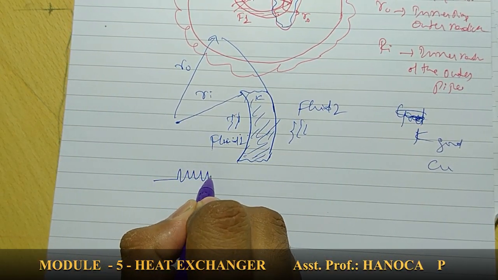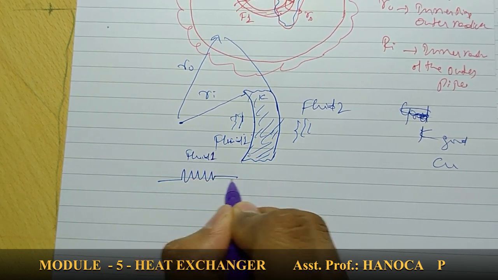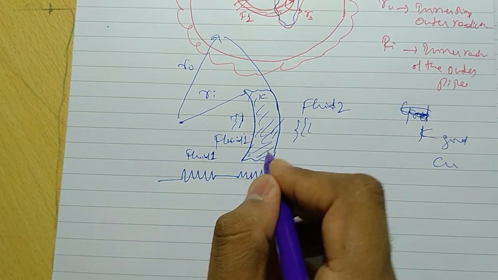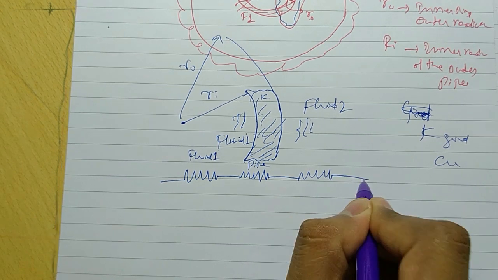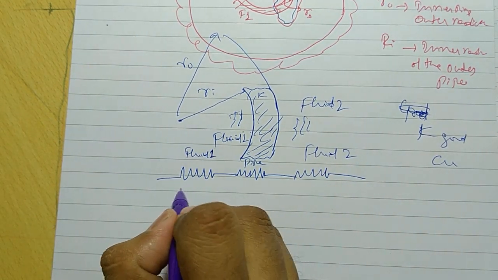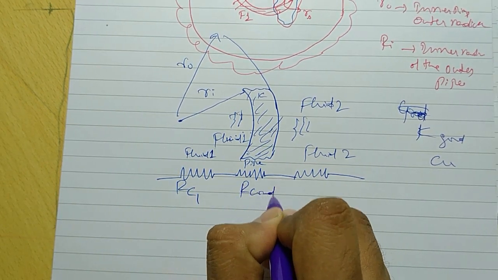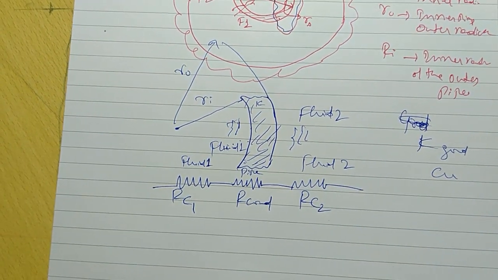One thermal resistance from the fluid 1, and another thermal resistance by the pipe, that is conduction. Another thermal resistance is created by the fluid 2. So what can I write here? R convection 1, this is R conduction and this is R convection 2.